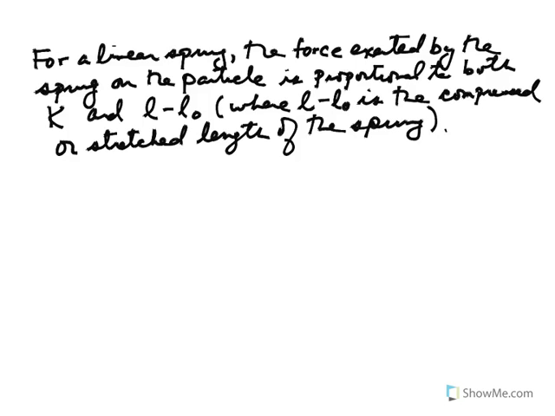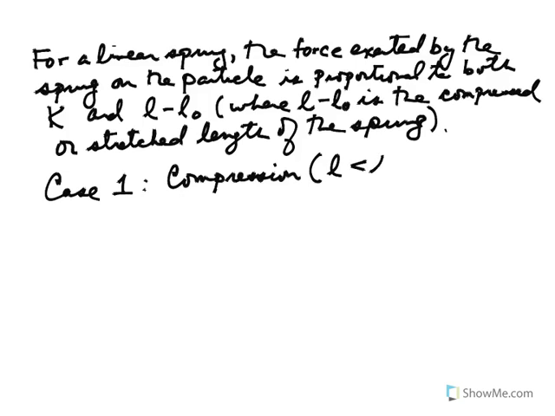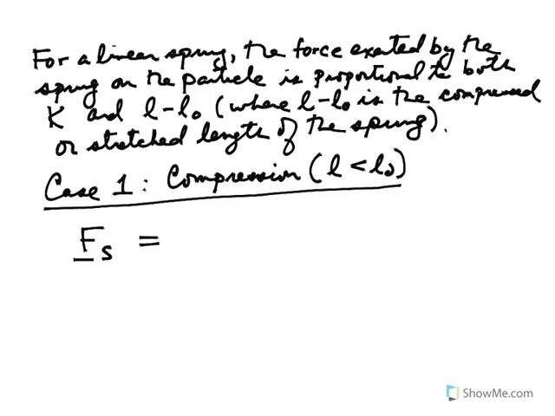Now, there are two cases for the spring. The spring can either be stretched or compressed. So let's take case 1, compression. In the case where the spring is compressed, that means that L is less than L naught. The force in the spring is proportional to both K and L minus L naught.